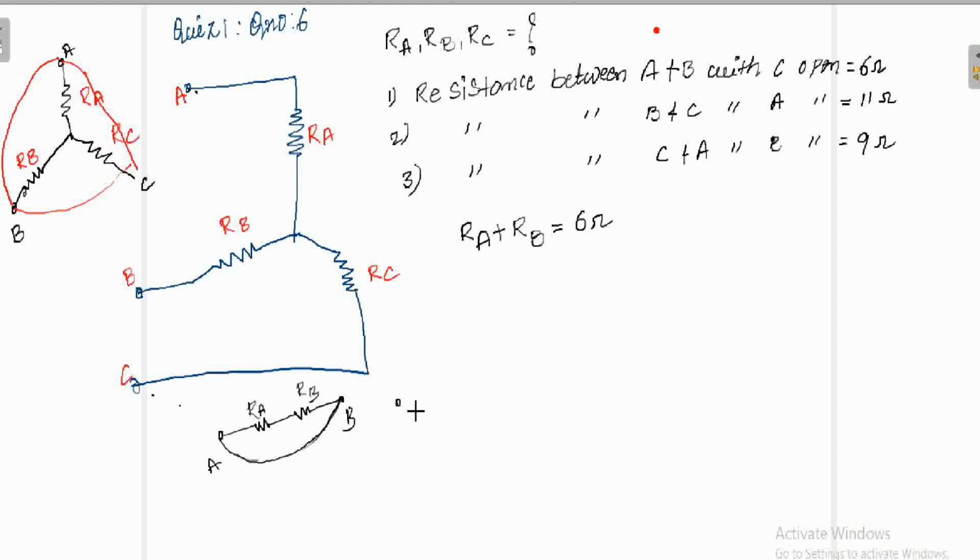Here you will have RB and RC, this is point B, this is C. These two are in series, and RB plus RC is the resistance. Similarly, between C and A with B open, this is C, this is A, with RC and RA, so the resistance is RC plus RA.